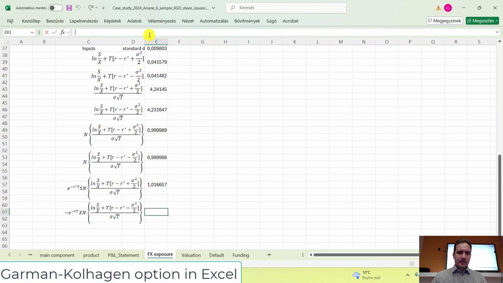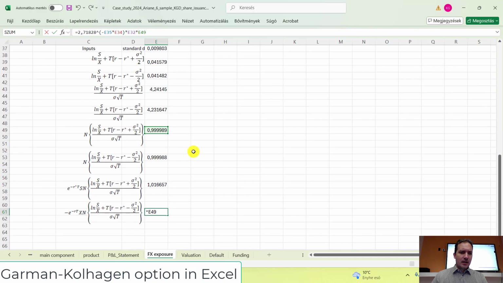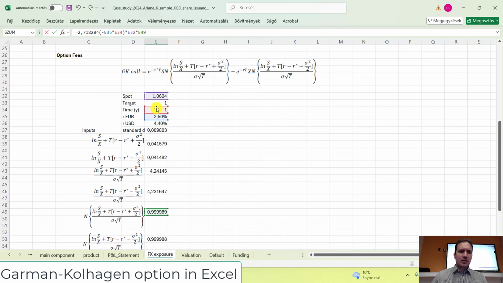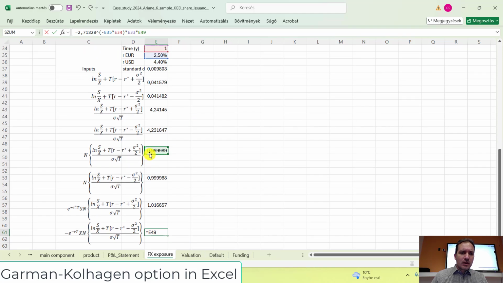Just this one will be referring not to the foreign interest rate but to the domestic one, and not to the spot rate but to the targeted one, and also to the other normal distribution, and this is also negative, so otherwise they are completely the same.